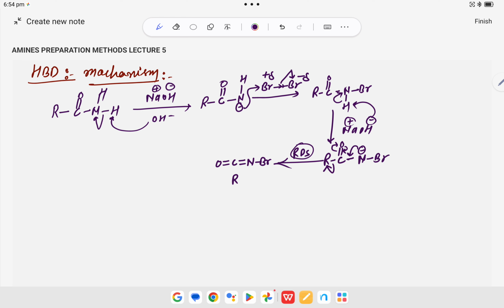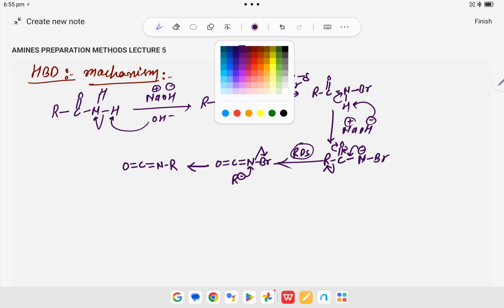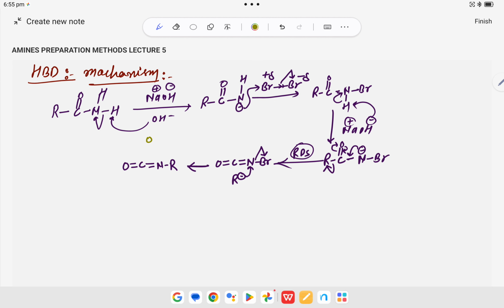Now R minus will approach the nitrogen, the bromine electrons shift to the bromine, and bromine will leave. So we get oxygen double bond carbon double bond nitrogen, now with alkyl attached.